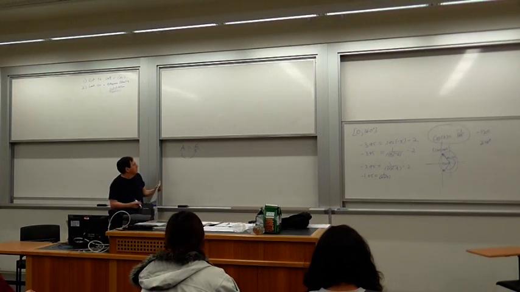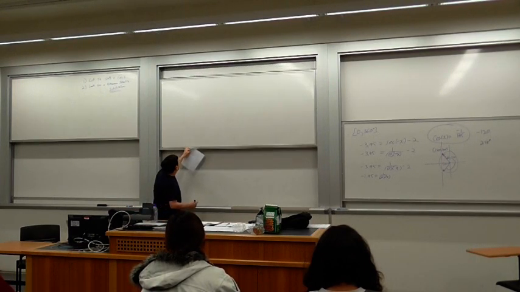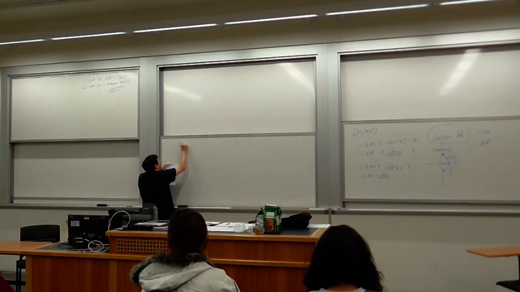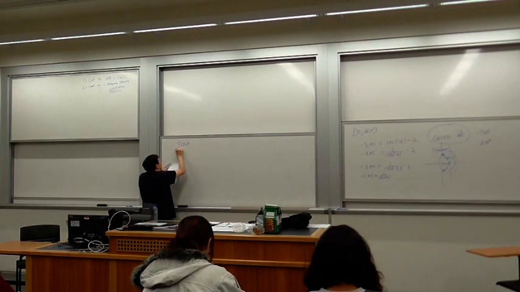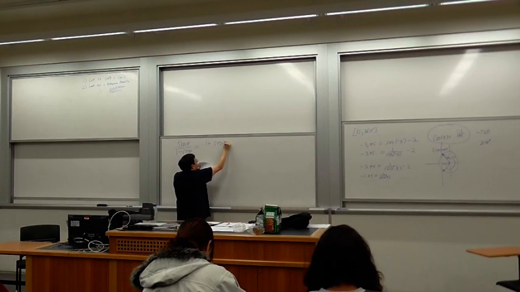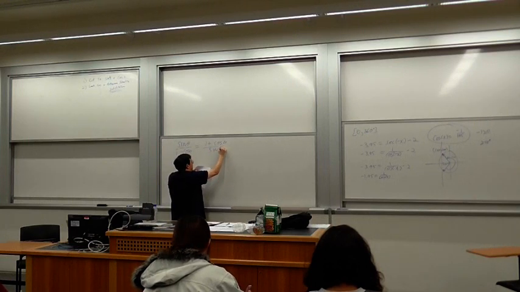All right? So the identity I want to show is that sine theta over 1 minus cosine theta equals 1 plus cosine theta over sine theta.